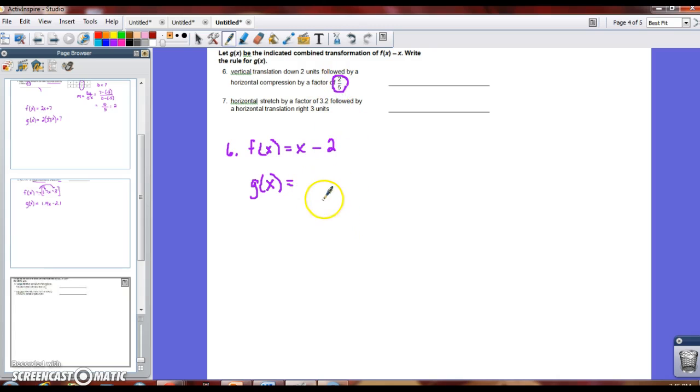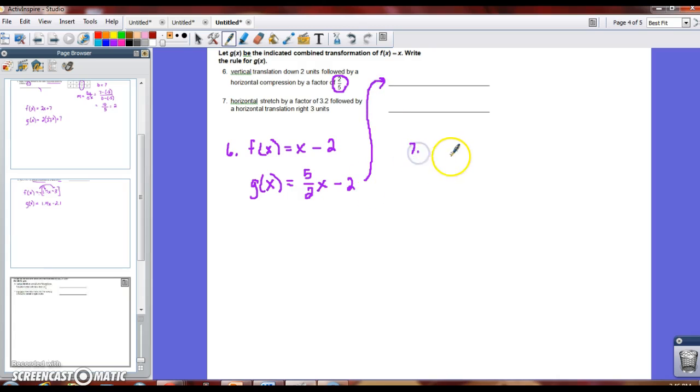Okay, the reciprocal of 2 over 5 is 5 over 2 times x minus 2, and that is our final answer for that one. There's nothing fancy that you have to do. You're just replacing x with that value, the reciprocal of the scale factor. Okay, so that would be your answer for number 6.